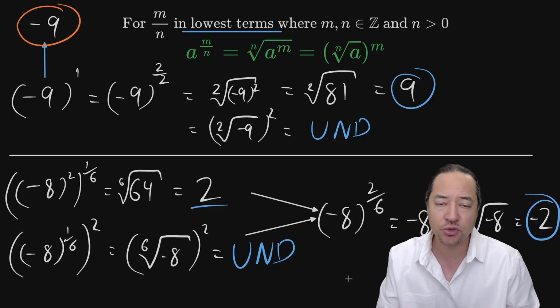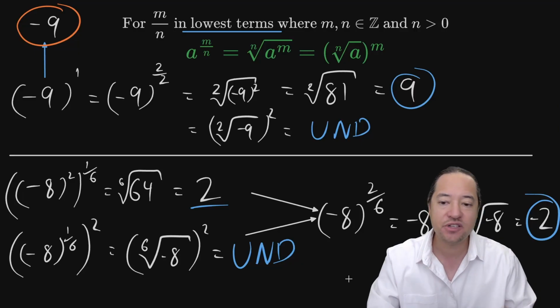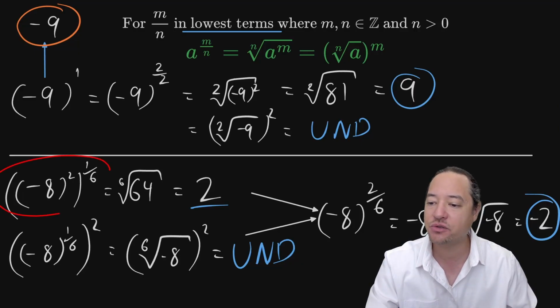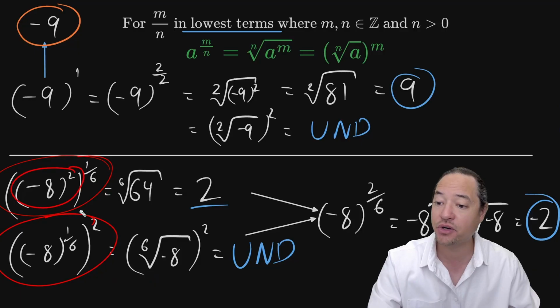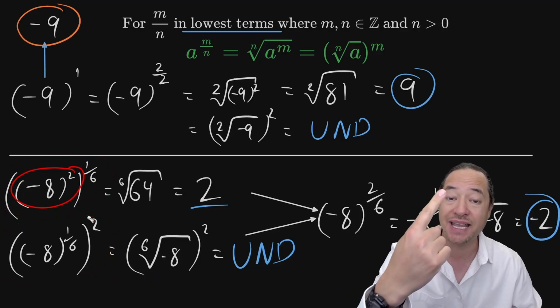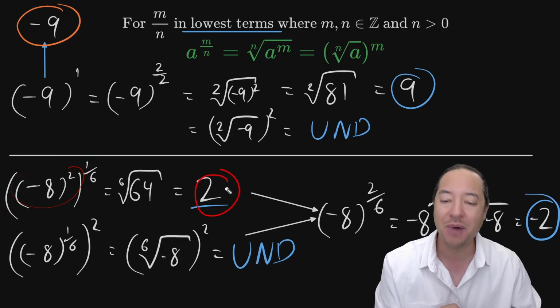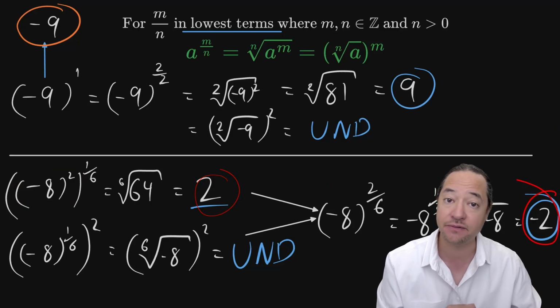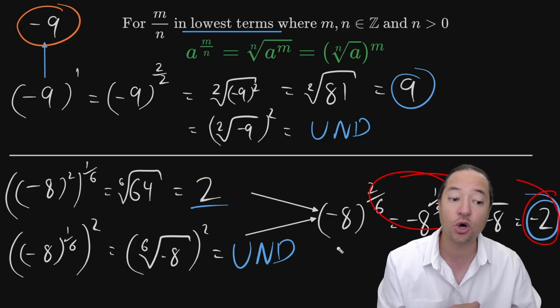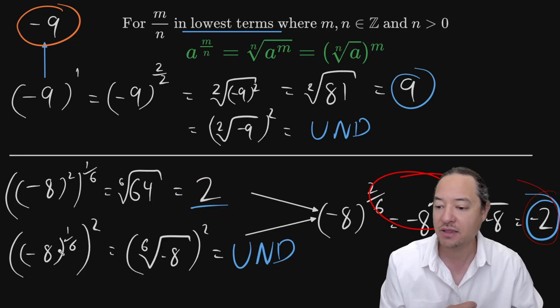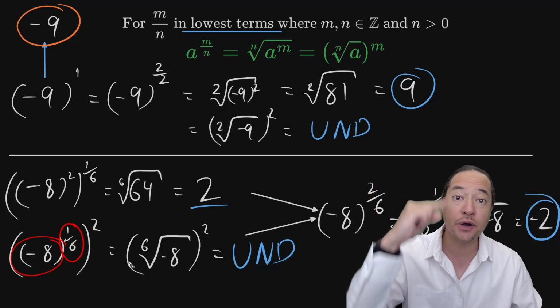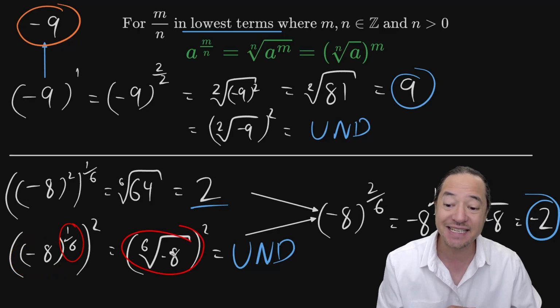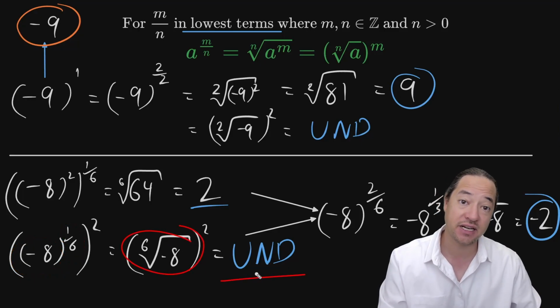So these exponent rules, they work, but you have to be careful and always refer back to the original operation here, right? If this is a negative base raised to an even power, you know you must get a positive answer out. There's no way you can get a negative number out there. This is an oversimplification. Likewise, if you're taking a negative base raised to a 1 over even number, or an even root, you know you will always get undefined, right?